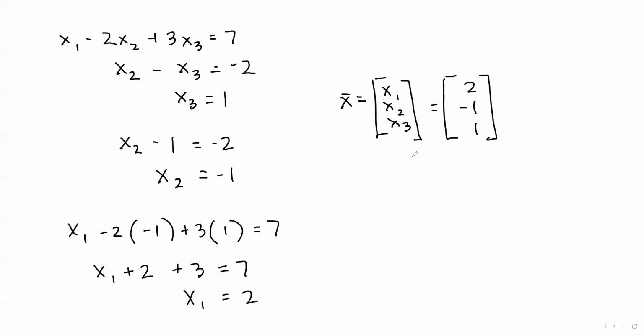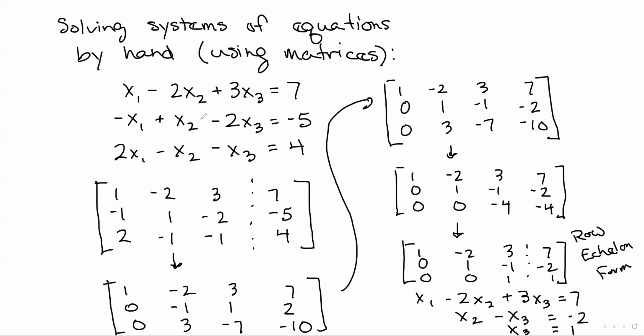So if there's no solution, what's going to happen when you go through this process? If you turn it into a matrix and then do the row reduction, you're going to get an all 0 row on the left-hand side of the dashed line, and then a number other than 0 on the right-hand side.